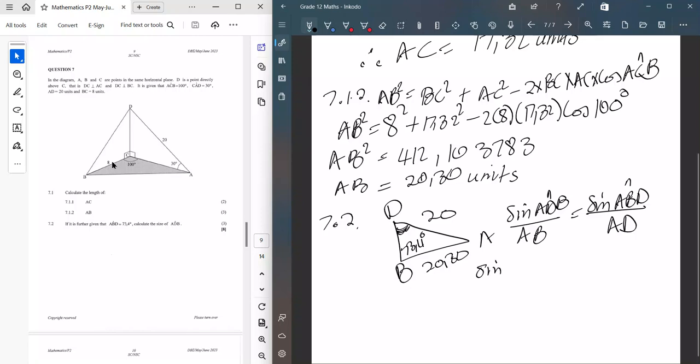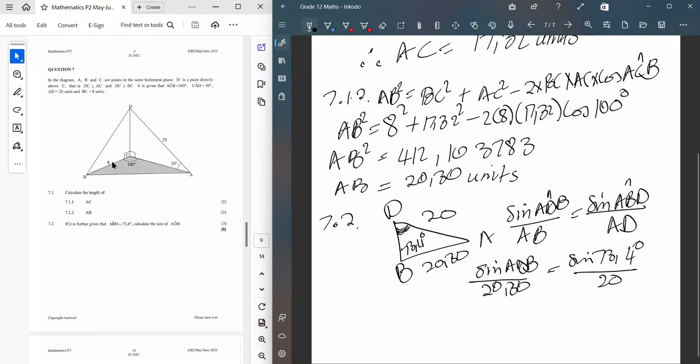They thought they got us, but look at us now. So AB is 20,30. Let's just do this: 20,30 equals sine 73.4 degrees over 20, isn't it?